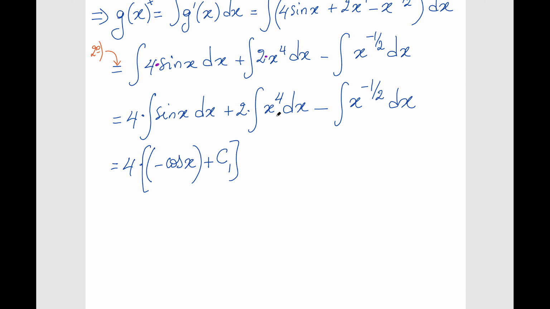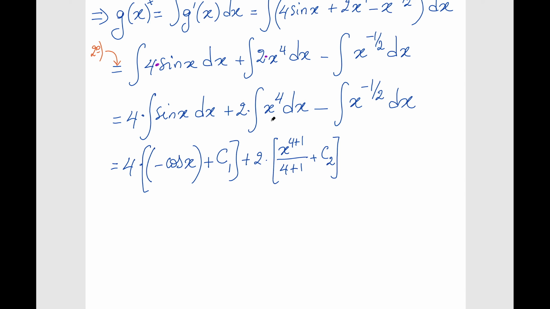All right, similarly here, plus 2 times the primitive of x to power 4. Again, this is the most general antiderivative of x to power 4. Well, this is of the form primitive of x^n dx, and the primitive is x to power n plus 1 over n plus 1, plus some other constant. How about c sub 2?